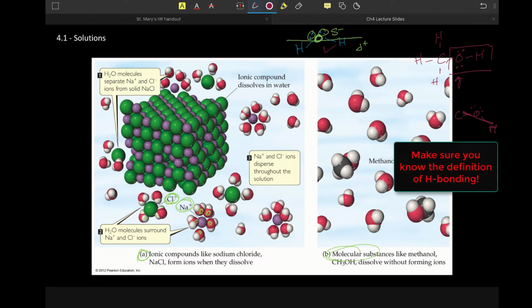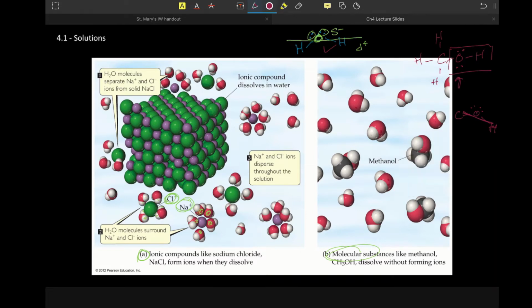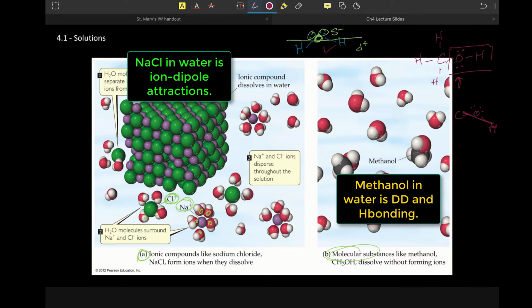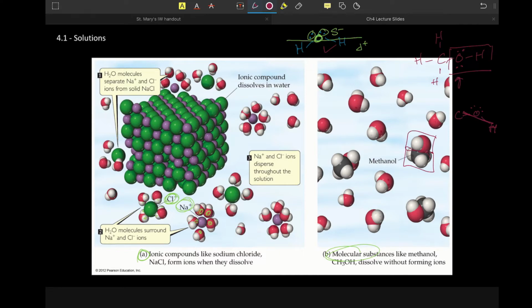So since water and methanol are both polar and both are capable of hydrogen bonding, the molecules can interact with one another. Which, going back to last year, that is the key for any one thing dissolving in another, is that there must be a shared intermolecular force so that they can interact. And that's what this figure is trying to show you: the methanol molecules are interacting with the water molecules via shared intermolecular forces.